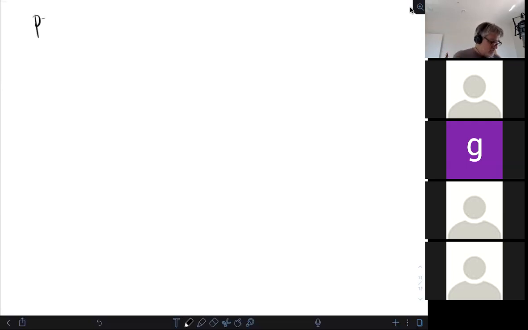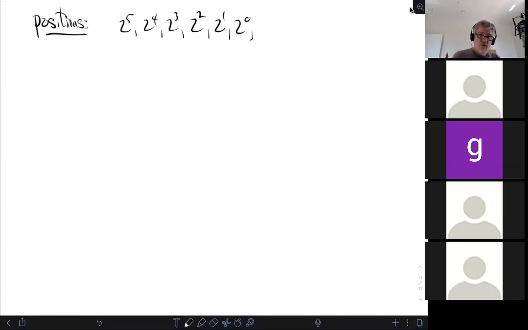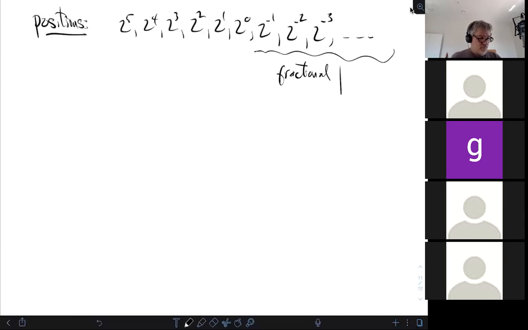So the positions: you have 2 power 5, 2 power 4, 2 power 3, 2 power 2, 2 power 1, 2 power 0, and then you just keep on going, 2 power negative 1, 2 power negative 2, 2 power negative 3. This will give you the fractional part, right? And this is the integer part, just like in decimal.